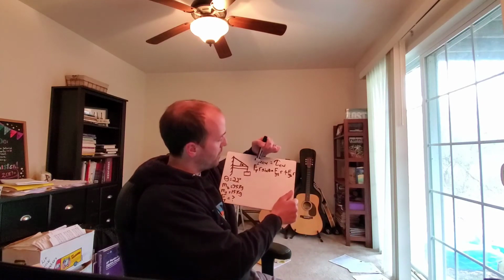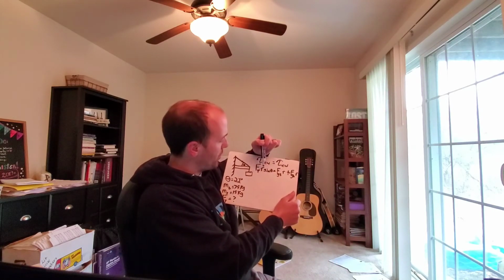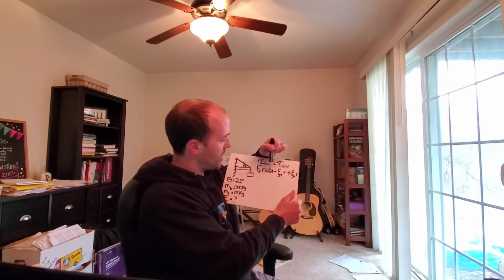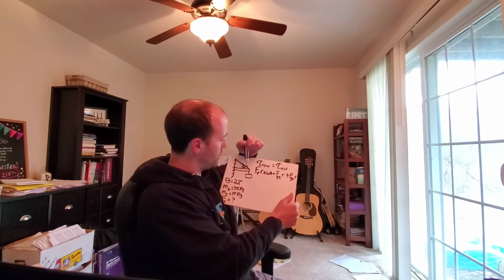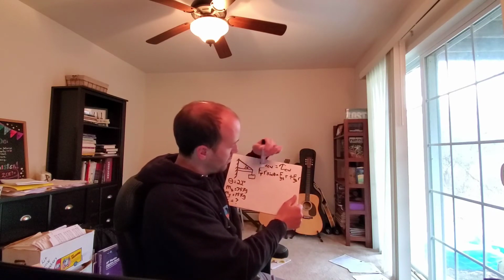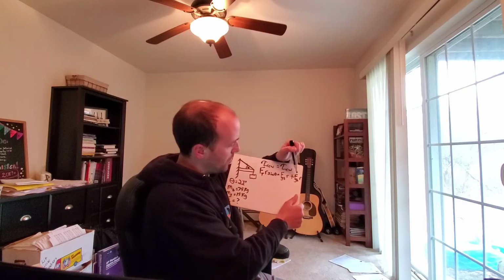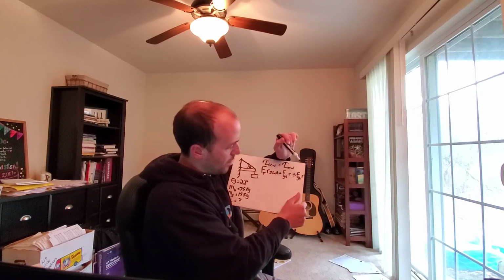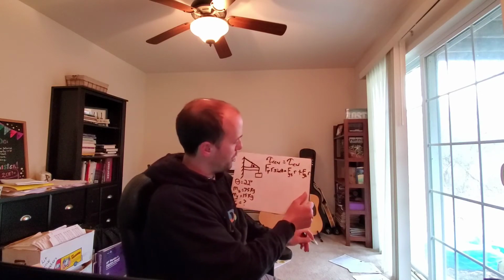Here's our setup: force of tension times the moment arm of the cable times the sine of the angle between the cable and the beam equals the force of gravity from the sign times that moment arm plus the force of gravity of the beam times that moment arm.